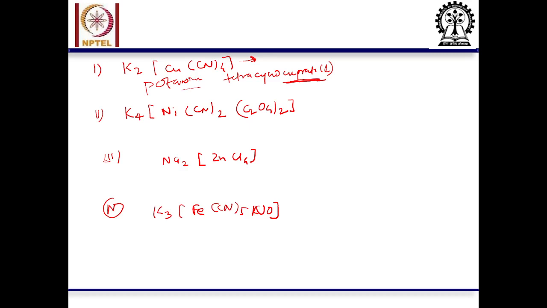Ma'am, I have written potassium dioxalato nickelate 0. No, that is correct, not in this. We have to write all of these in small letters, nowhere do we use a capital letter. That is correct, but there is some very basic mistake that you have to point out.